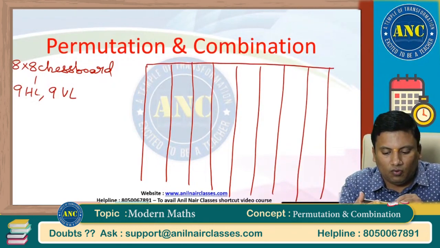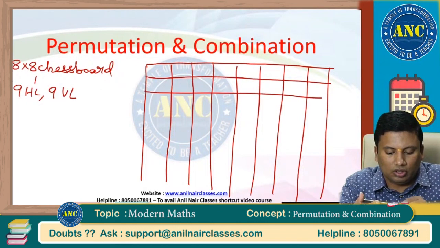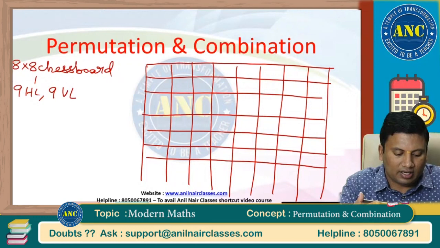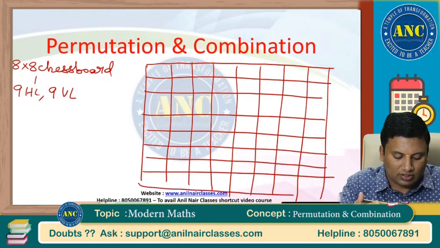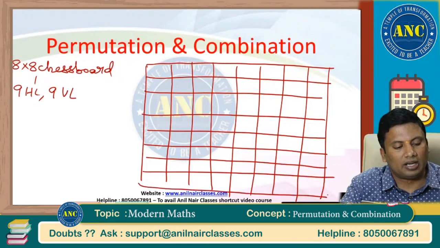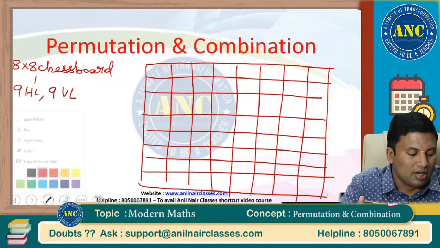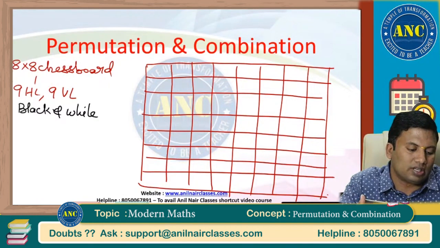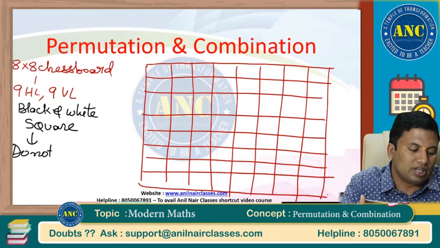Here again 1, 2, 3, 4, 5, 6, 7, 8 and the last one is 9. This is nothing but an 8 into 8 chessboard. What is the question that he is asking? In how many ways can I choose a black and a white square such that they do not lie in the same row or same column.